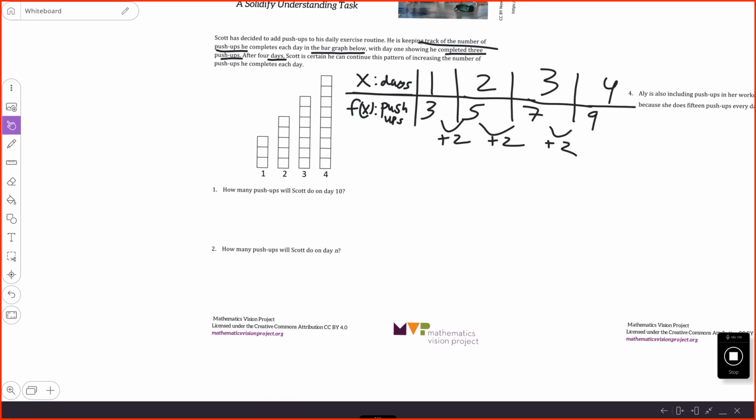So for 10 days, I want the explicit equation. So at 0, minus 2 would be 1. So the function is 2x plus 1. So plug in 10. 2 times 10 plus 1. 20 plus 1 is 21 push-ups.